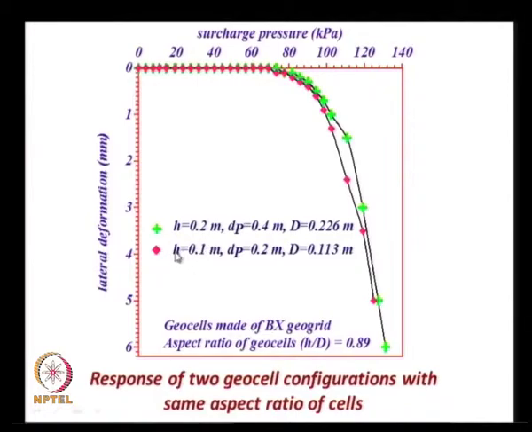This is a height of 100 mm, and then the equivalent diameter was 113 millimeters, and both of them have an H by D ratio of nearly the same, 0.89, and we see that the lateral deformations were almost the same.